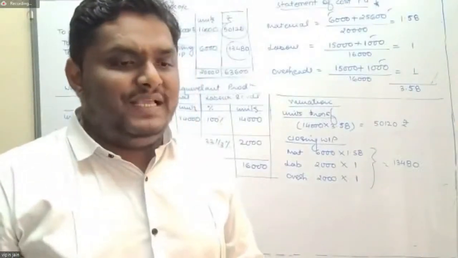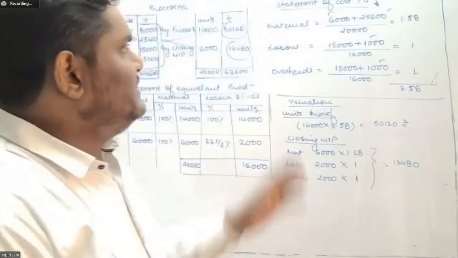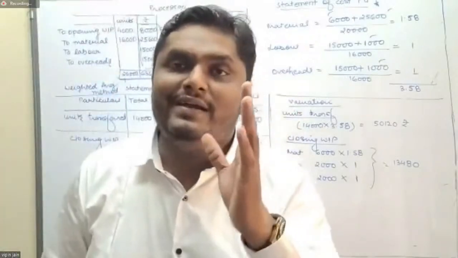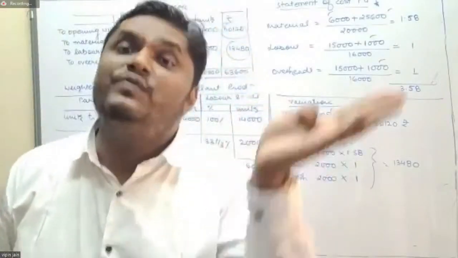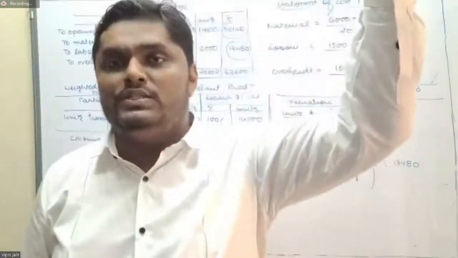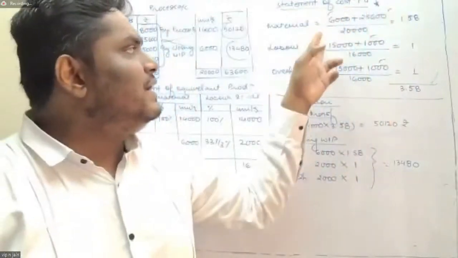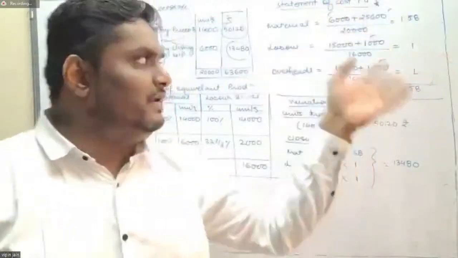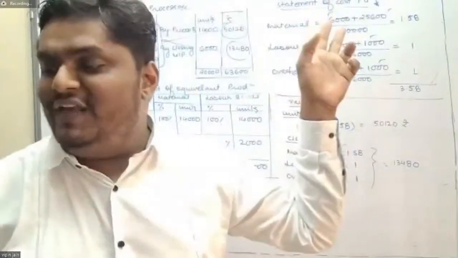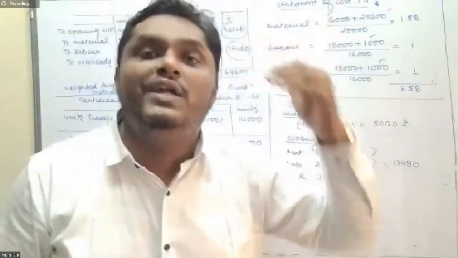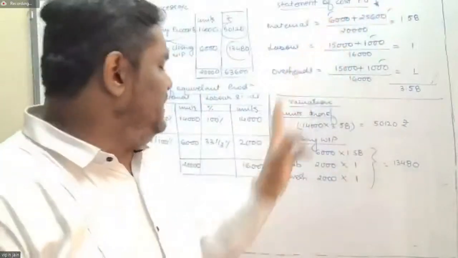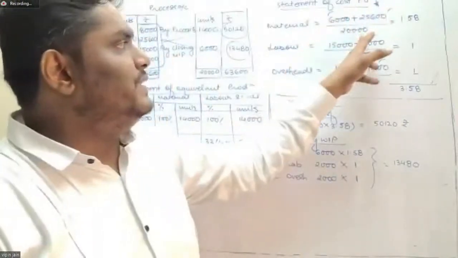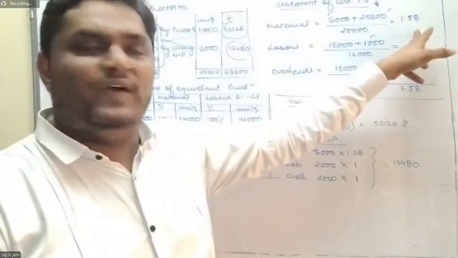Miss Pooja, sir, please explain the statement of cost per unit. See, Pooja, when we are taking 100% of these 4,000 opening work in progress units, that's why we are taking the cost also that was incurred last year. So material cost, that is 25,600, incurred during this year, plus the material cost incurred last year, 6,000, divided by number of units, that is 20,000. So this is how I got 1.58.